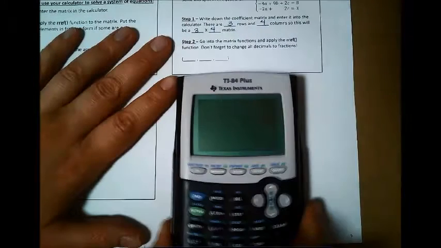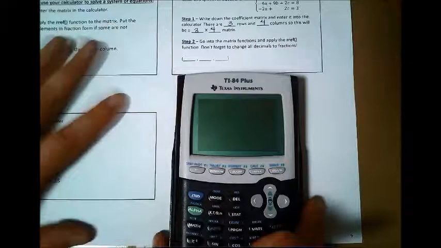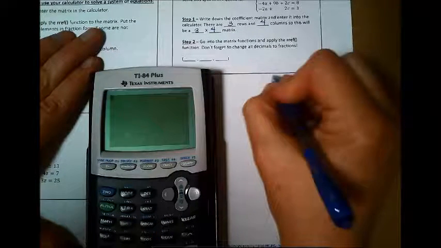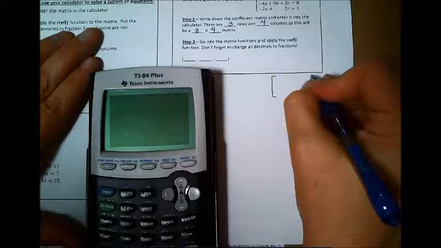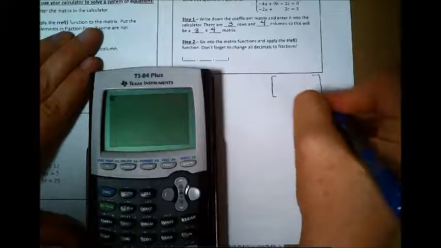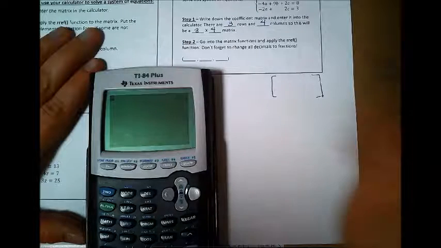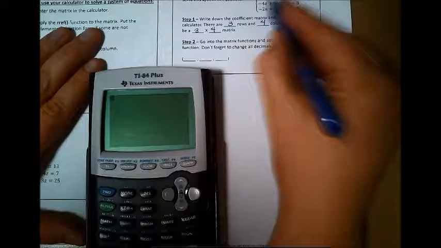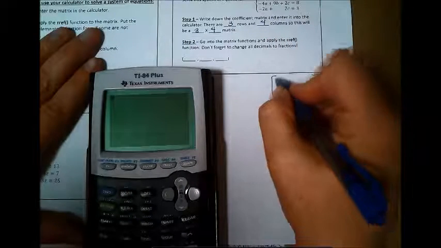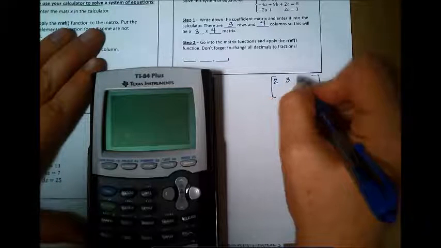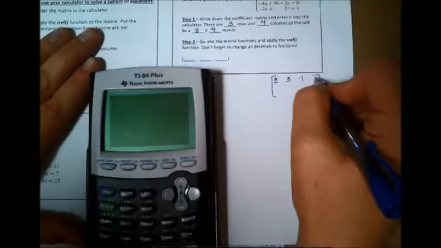Okay, so now we're going to enter that into our calculator. I like to write down the matrix first so I can check it, so that I can keep myself from making an error that's fatal. So for the first row, I have 2 A's, 3 B's, minus 1 C, and a constant of 1.